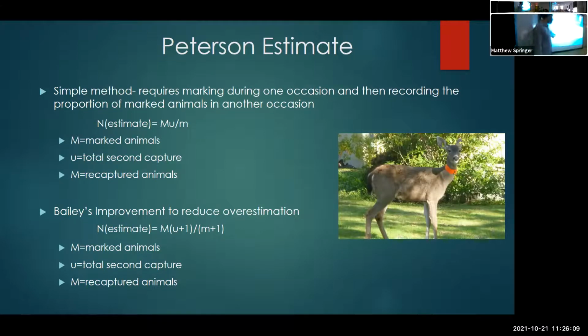N hat is equal to the number of animals captured the first time, marked animals, times the total of the second capture plus 1. This kind of offsets some of the animals that are not caught the first time, divided by the little m, the recapture number, plus 1. So it brings that overestimation down just a bit.